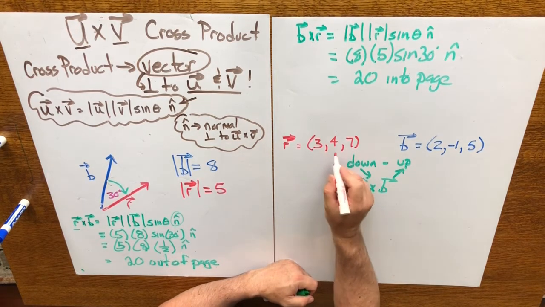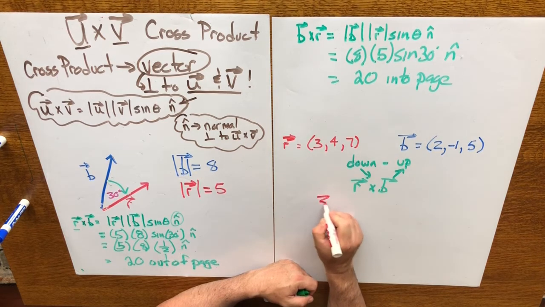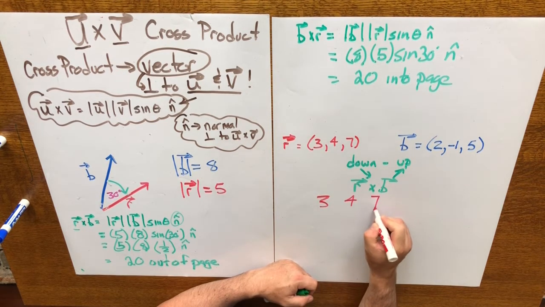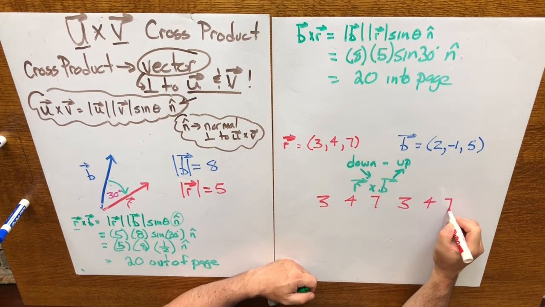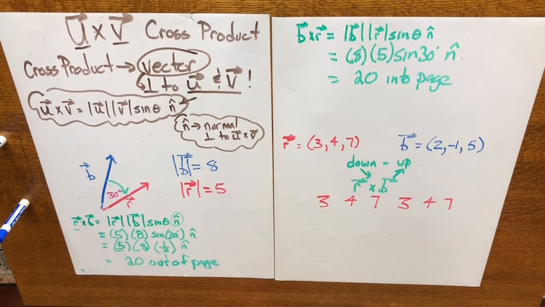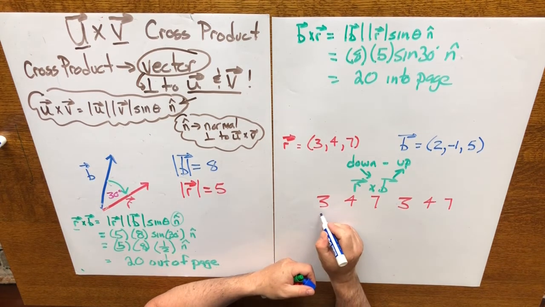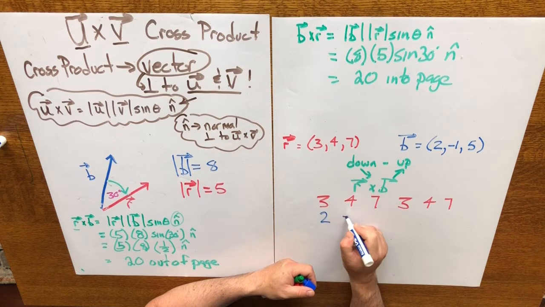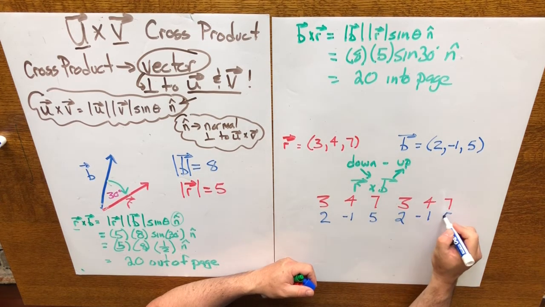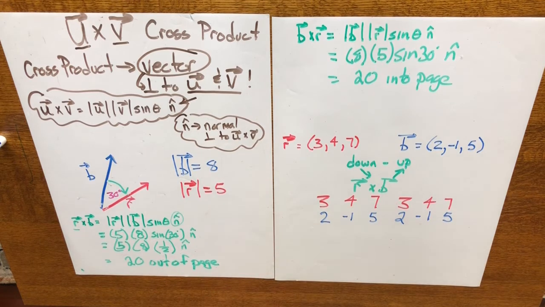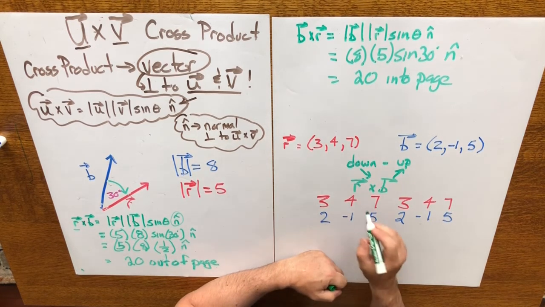We've got vector 3, 4, 7. We're going to list it 3, 4, 7 on the top, and we're going to do it twice. And then we're going to do the same thing with the B vector, and we're going to list those numbers twice right underneath it. 2, -1, 5, 2, -1, 5. And what we're going to do is find an ordered triple by doing 3 crosses.